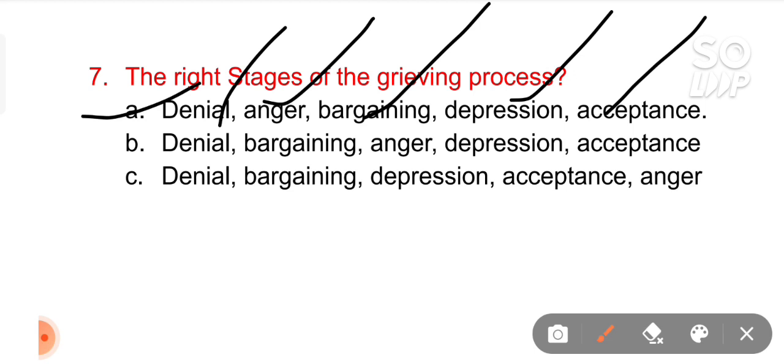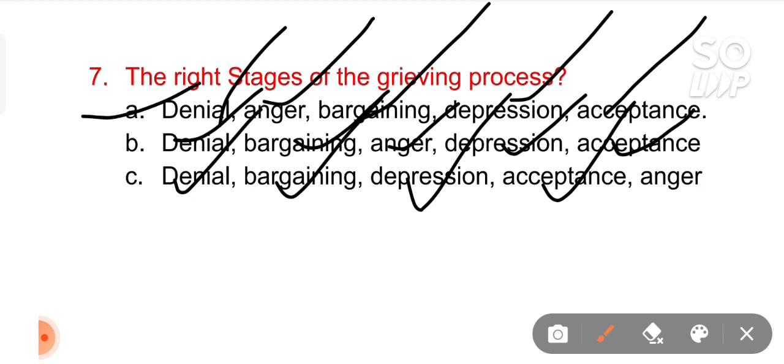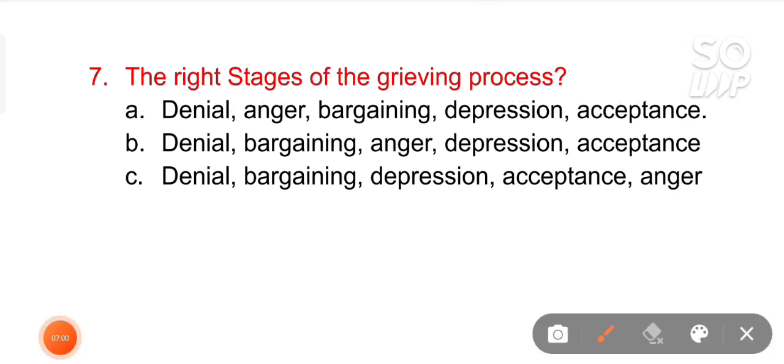Option B, denial, bargaining, anger, depression, acceptance. Option C, denial, bargaining, depression, acceptance, anger. The right answer is option A. We can remember it as DABDA.